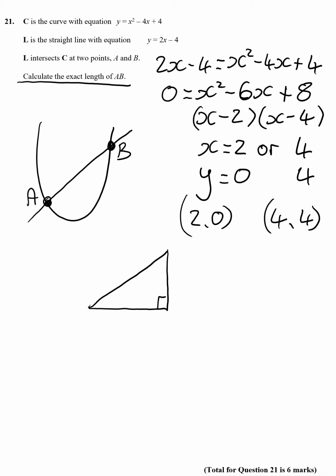So this point here is 2, 0, this point here is 4, 4. So that length there goes from 2 to 4, so it's 2. This length here goes from 0 to 4, so it's 4.